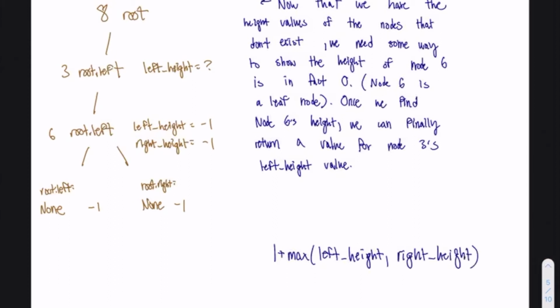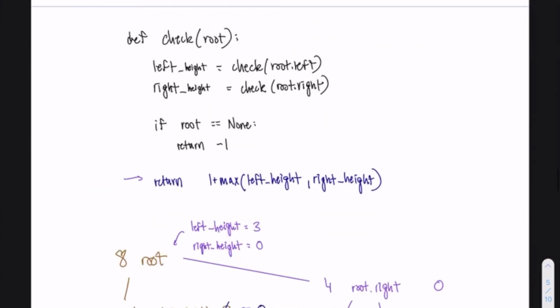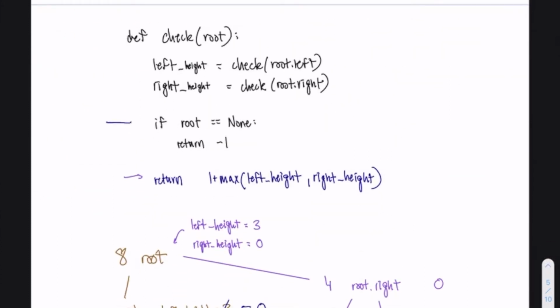And we can return this and put it within the check function, so that after we identify that a specific node is not a leaf node, we can run this statement next. And I do that here. So after finding that root is none, we can finally run this return statement.